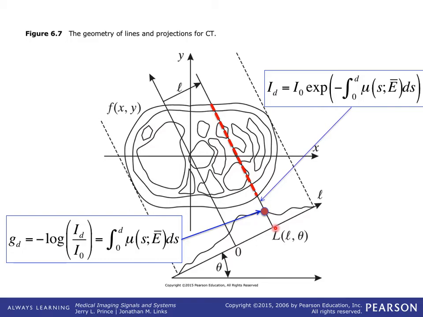So basically, you ask, if I start out with 1,000 photons and 1,000 photons hit here, how many get through to here is the question in CT. And that is proportional to the integral through the amount of stuff that I march through and the attenuation coefficient of that stuff.